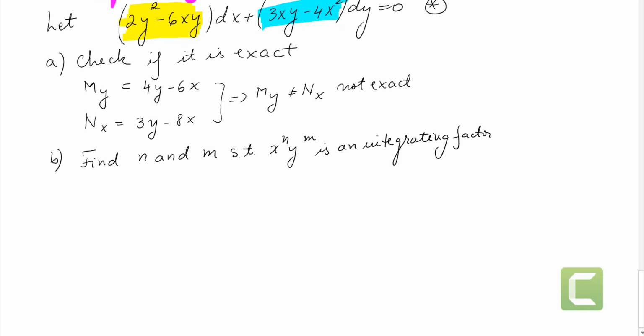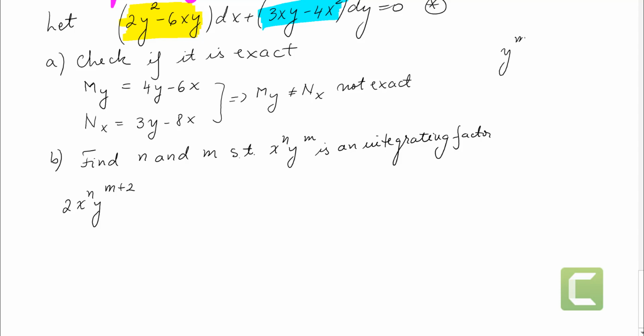So this is what we're going to do. We're going to multiply equation star by x to the n, y to the m. So we get 2 x to the n, y to the m plus 2, because we had the y to the m and then y to the second.